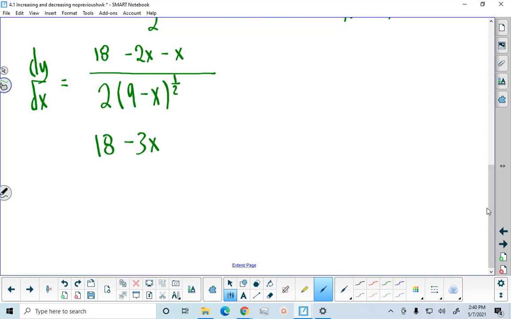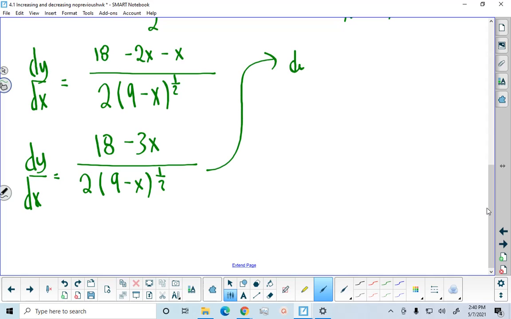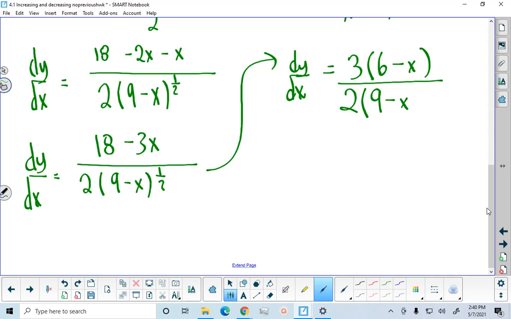I can factor a 3 out of that and get dy/dx is equal to 3 times 6 minus x over 2 times 9 minus x to the half. So that's the derivative. Any questions on getting the derivative?